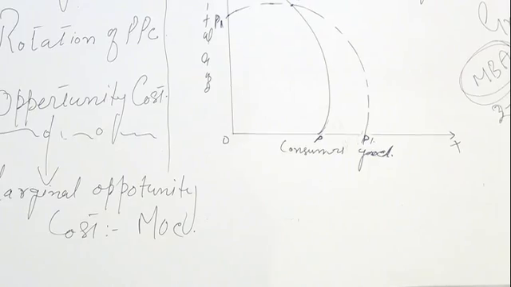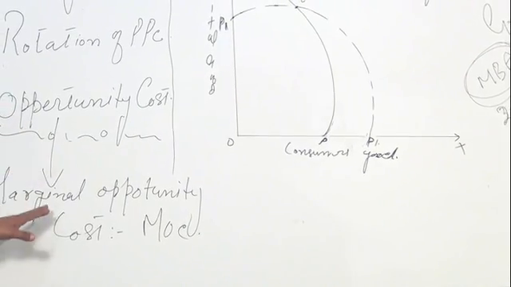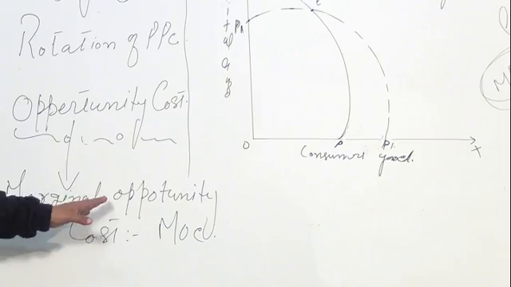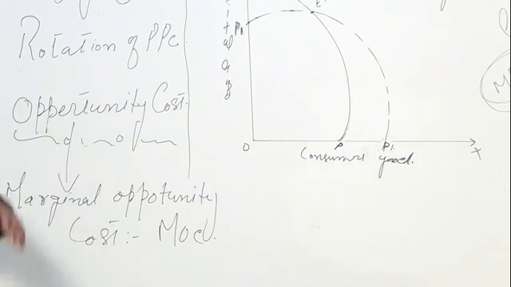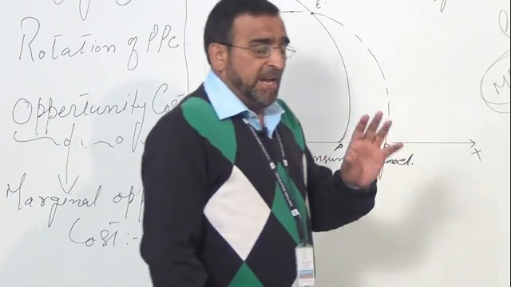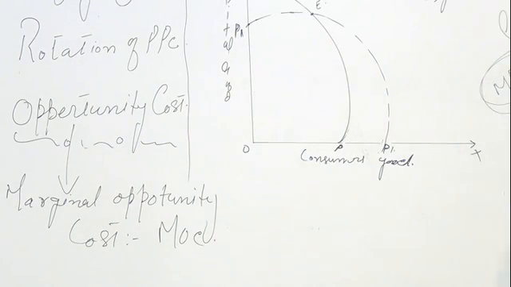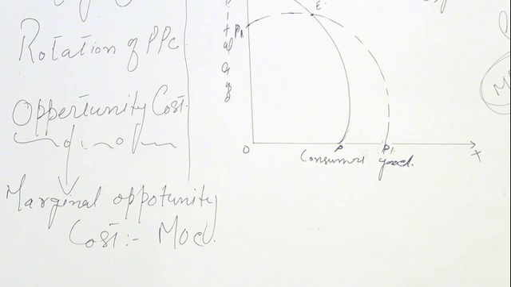Now first, before proceeding towards marginal opportunity cost, let us try to understand marginal. In economics, marginal has assumed great importance nowadays. Marginal means the additional. Marginal in economics means additional.